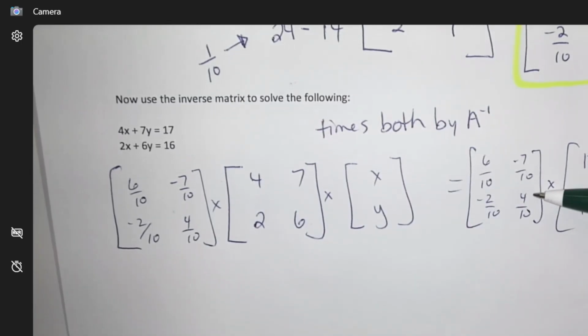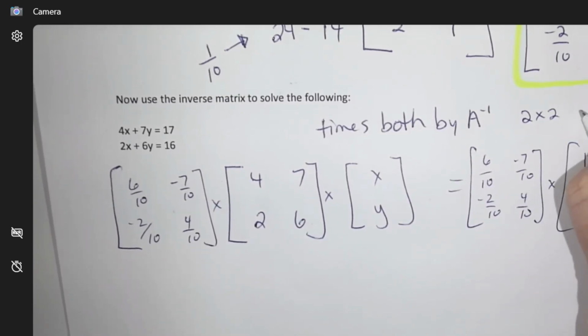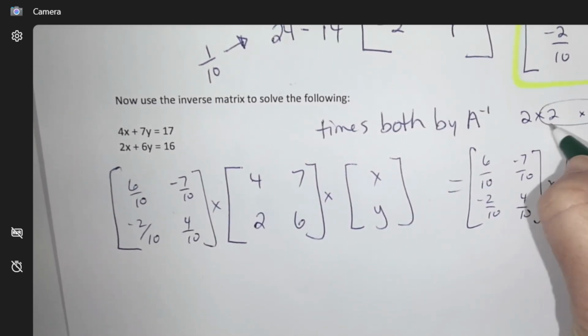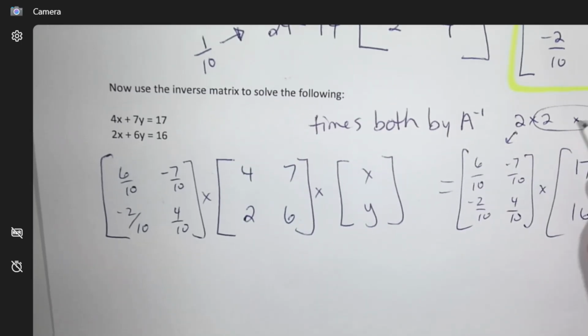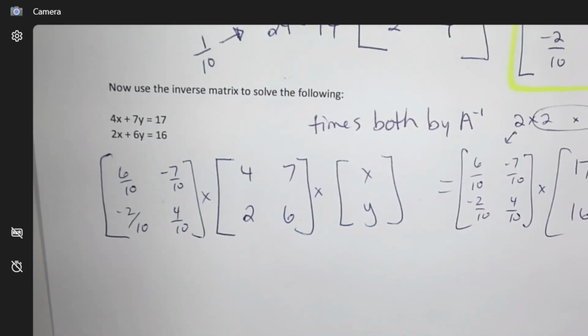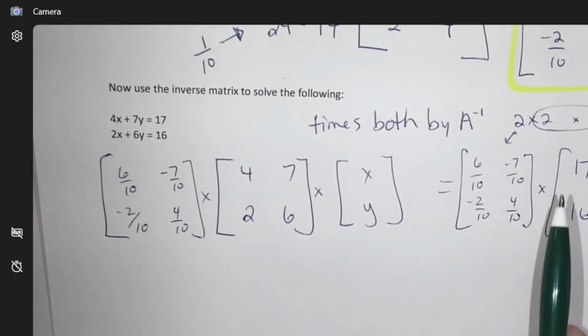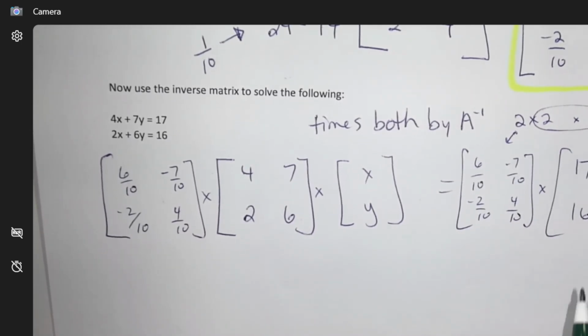Do you know why I left a space and put this in front of that instead of writing it behind? Anybody know why I specifically did that? So you can multiply. Yeah, so I can match. Because this is a 2 by 2 and this is a 2 by 1. If I had them written the opposite way, I wouldn't have been able to do a matchup, okay? So that's why I wrote it in front of that one.